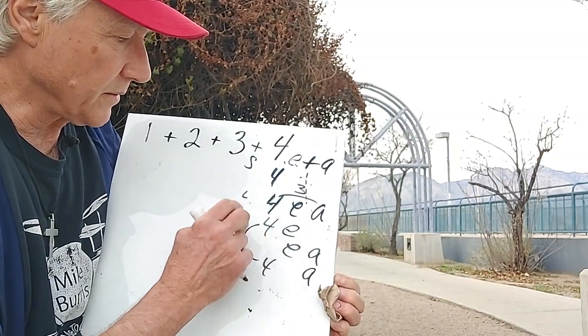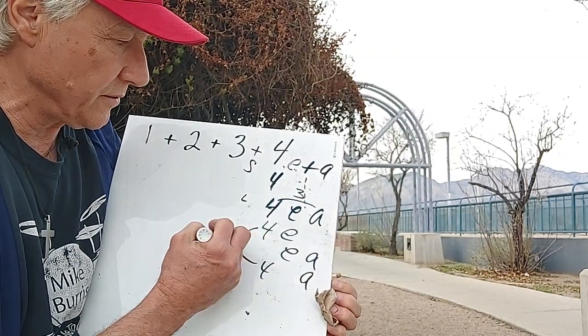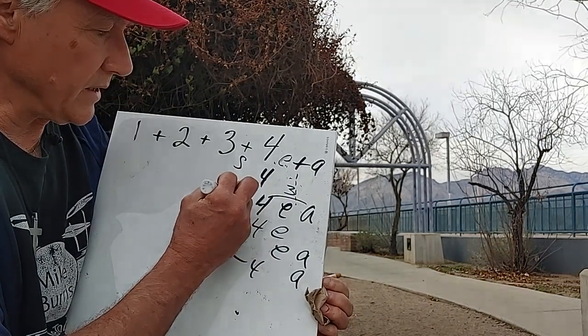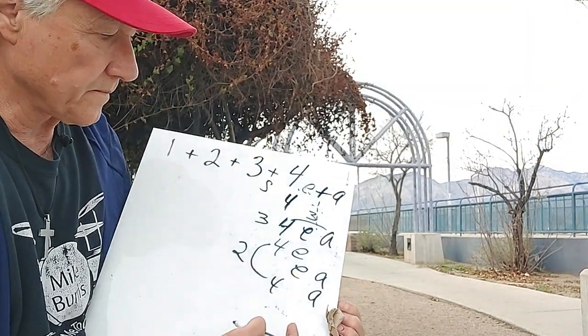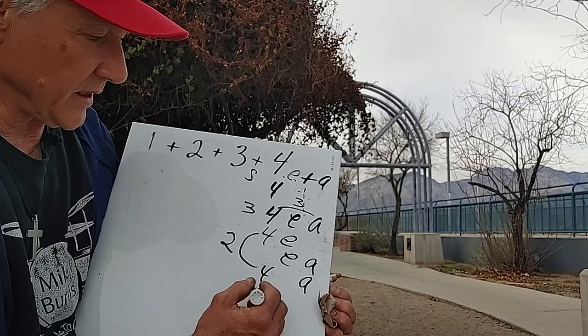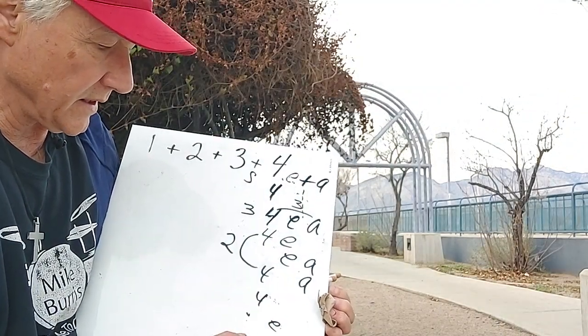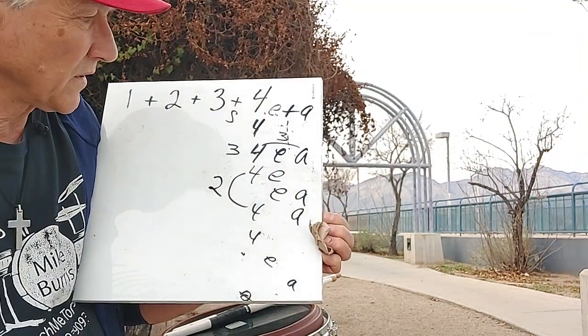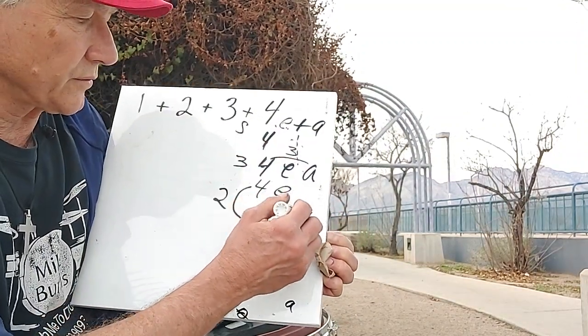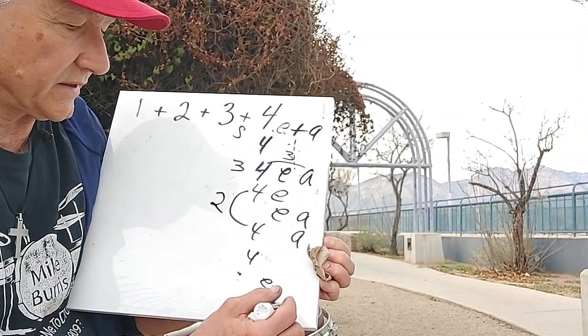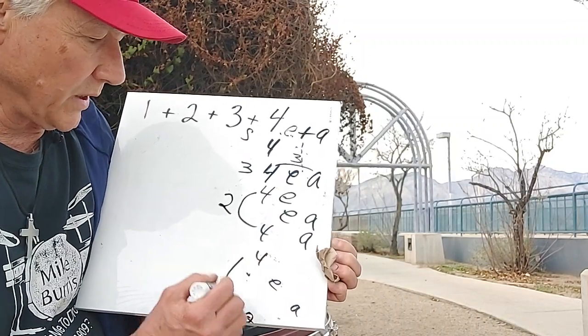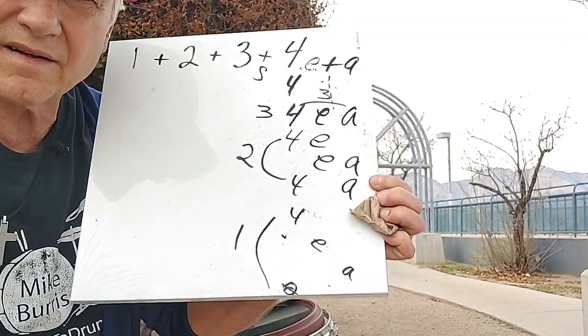Here's the 2s. These are 2 hits. These are all 3 hits. And then for the onesies, you just have 4 E and, and then nothing. You can have nothing as a fill. So you got 1, 2, 3, 4, 5, 6, 7, 8. 8 possibilities. That's it. 8.